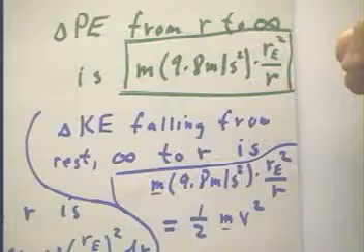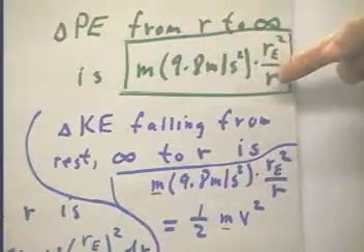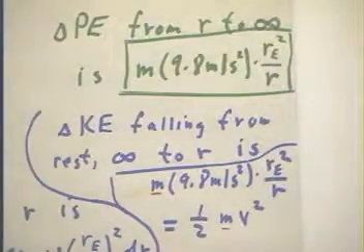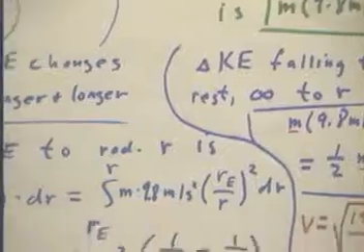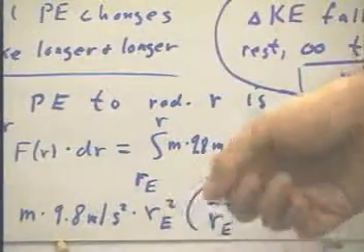If we do that integral, we get the result m times 9.8 meters per second squared times re squared over r. Now that's just like what we got down here, m times 9.8 meters per second squared times re squared.